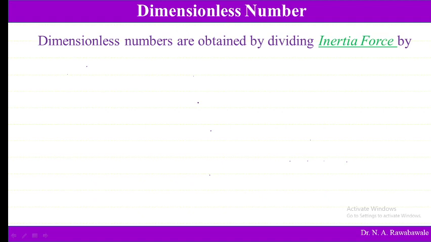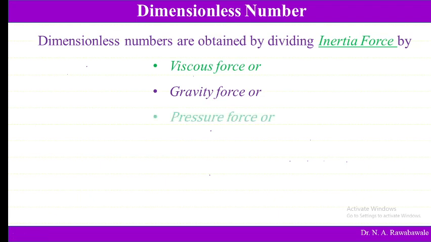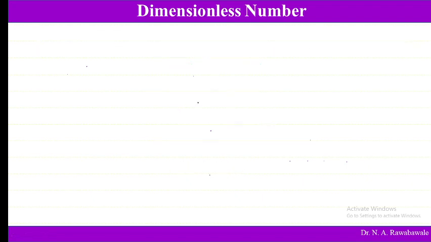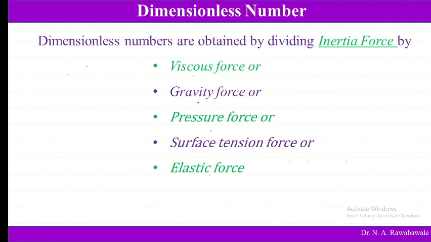First, it is obtained by dividing the inertia force by some other force. So the inertia force is divided by viscous force, or gravity force, or pressure force, or surface tension force, or elastic force. Then we get various kinds of dimensionless numbers.